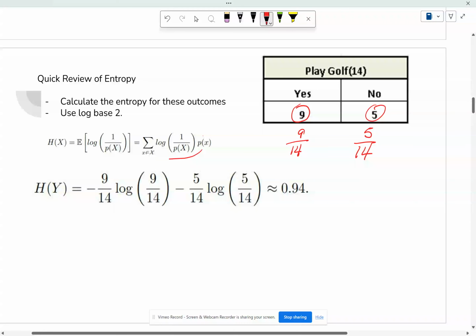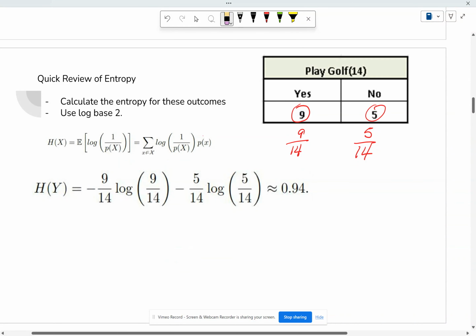You see how the probability goes here, and then the probability goes here. Now, remember, this is 1 over, but notice I don't have 1 over. That's because there's a negative sign here. When you have a log of 1 over x, it's equivalent to minus log of x. That's what I did here.